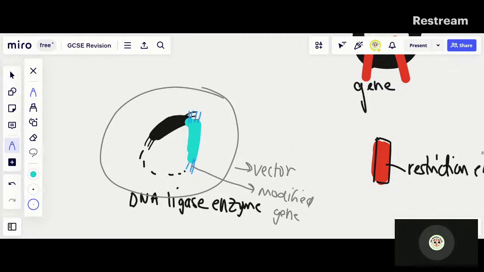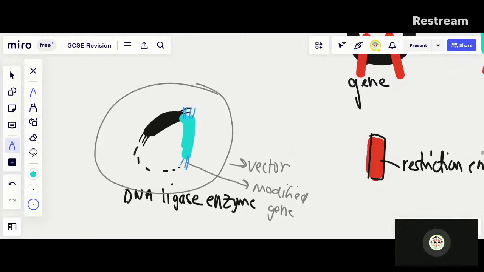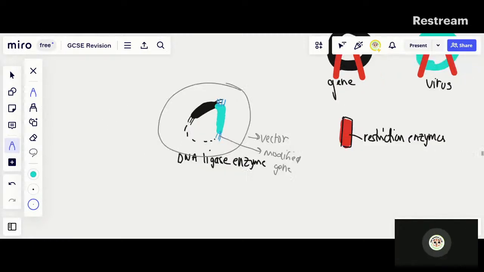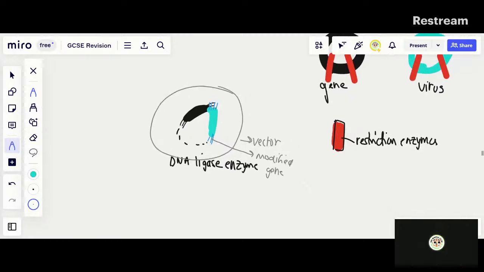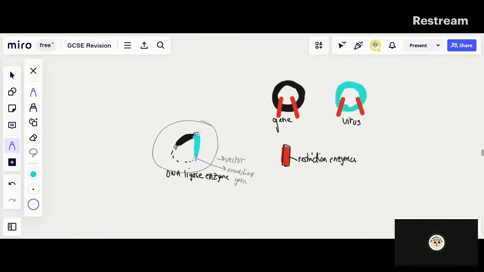Now, as the bacteria grows and reproduces, you will then see loads of bacteria with this relevant gene. So say if this gene was used for being resistant to bacteria, then you'll see loads of this bacteria with this modified gene. So that's genetic engineering.